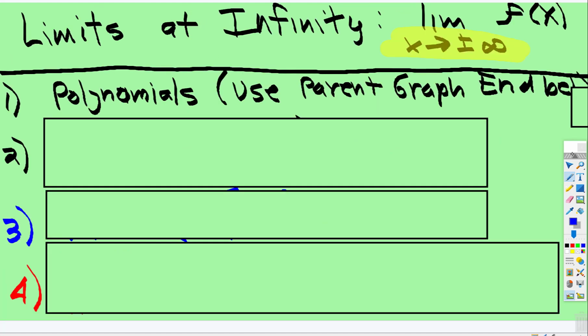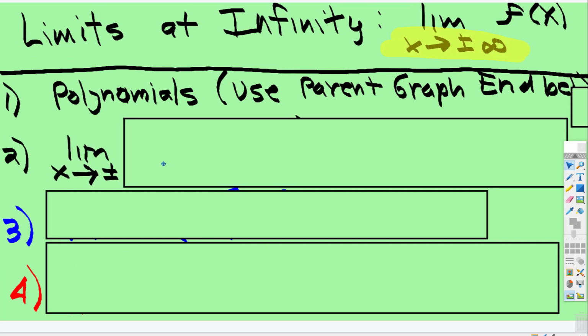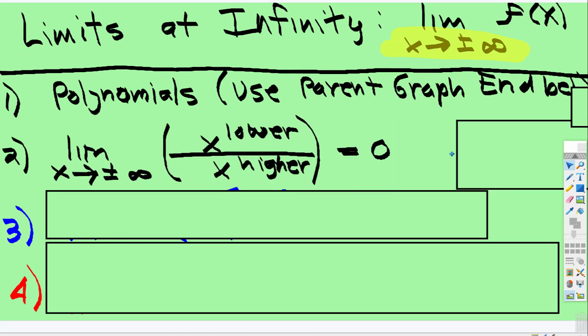Okay, the next ones we're going to be looking at are rational functions. What happens when the highest exponent in the numerator is lower than the highest exponent in the denominator? Automatically, the answer is 0.